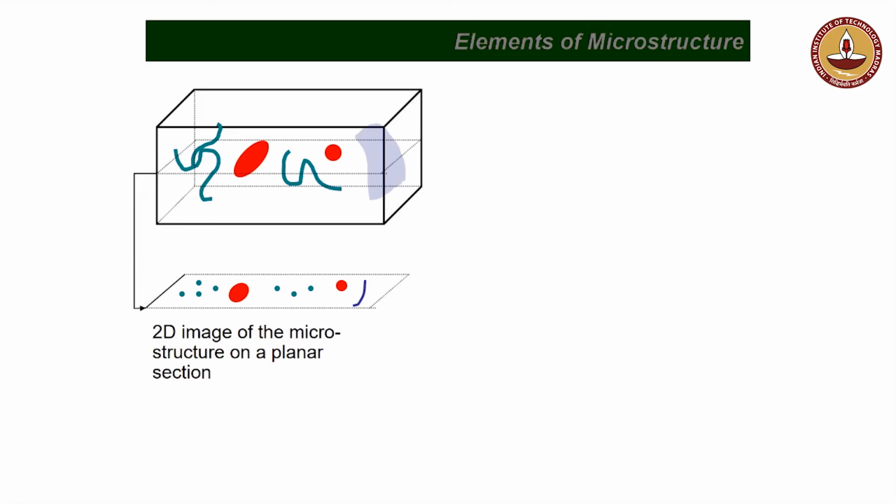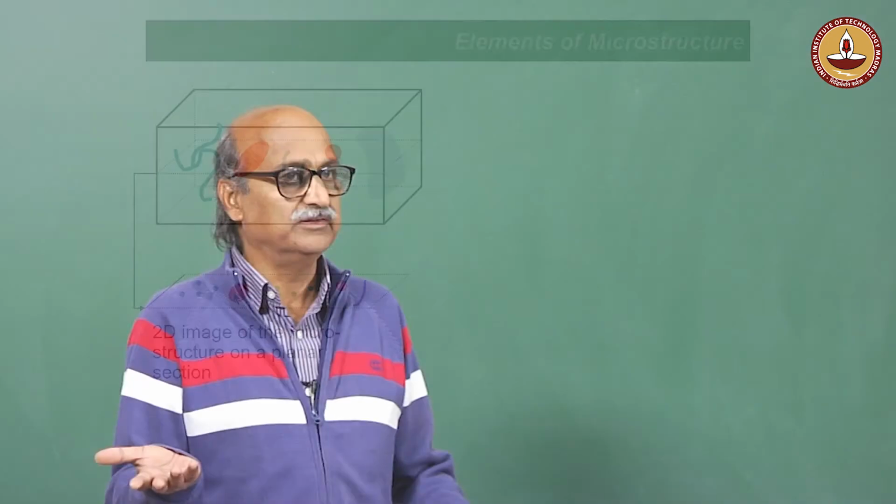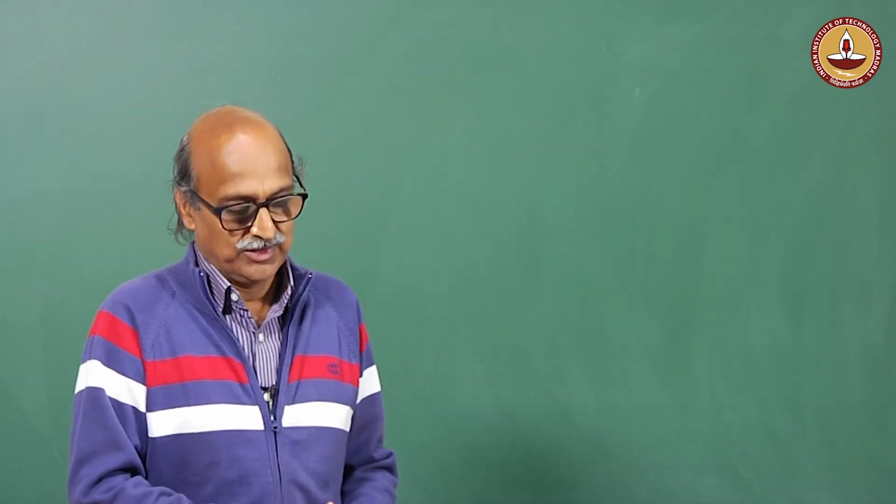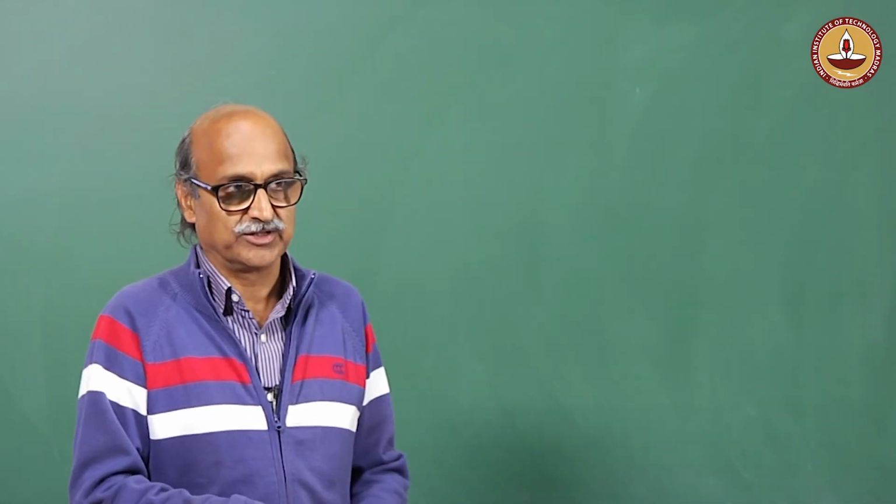If a section cuts a line, you will get a point. If a section cuts a boundary, a surface, you will get a line. And if a section cuts a three-dimensional solid particle, you will get a section of that particle, which would be a two-dimensional profile.